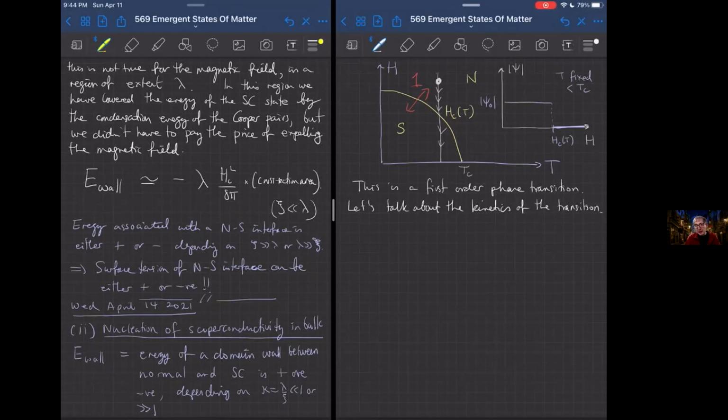The most important thing to know about first order phase transitions is that they occur when there is a nucleation barrier between the states.